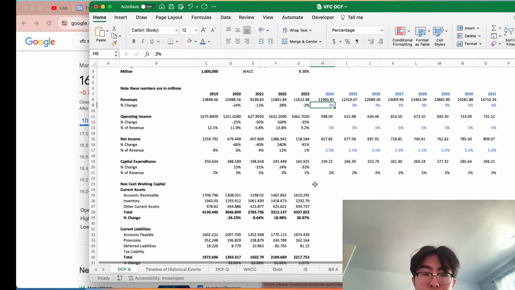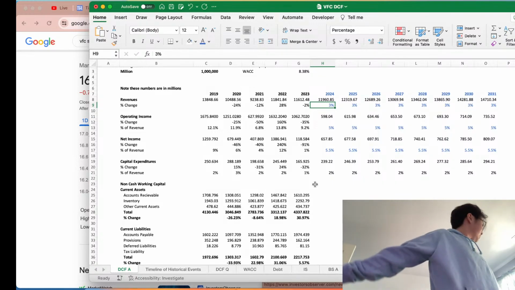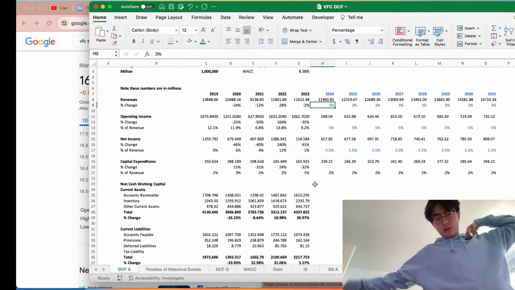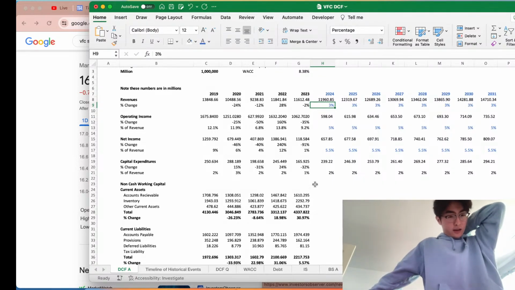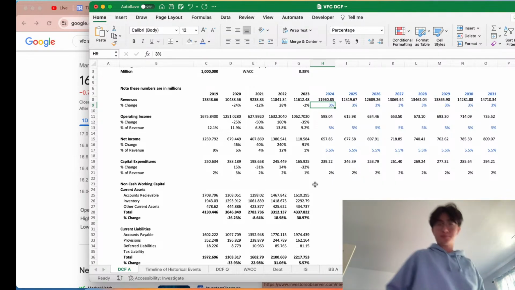So 3% top line growth. That may not happen in this case. I see. Okay. Yeah, I'd say maybe VFC is fairly valued at this point. It's hard to tell. But I'm just going to leave this here for now.